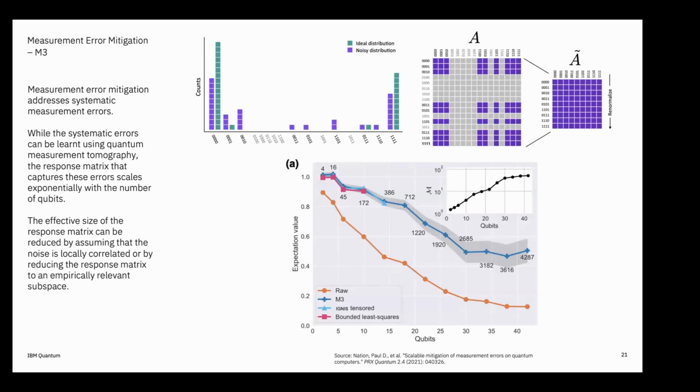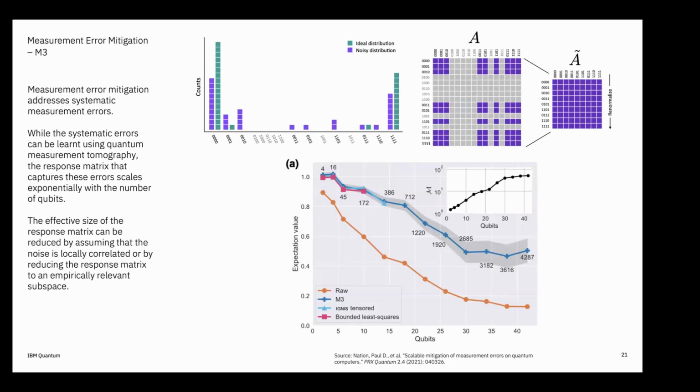And that seemed to work decently well. And that is one of the methods that now you can invoke. It's called M3. And if you're doing a sampler type primitive on IBM Qiskit, then you should be using M3. It incorporates the locally correlated measurement error mitigation, also does this subspace reduction whenever necessary.